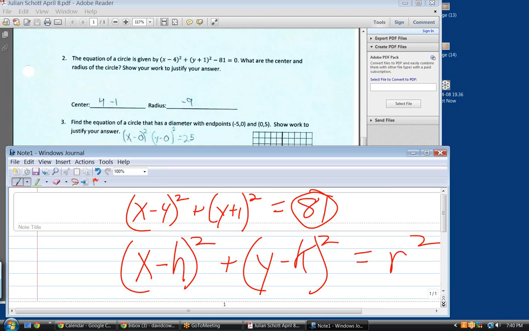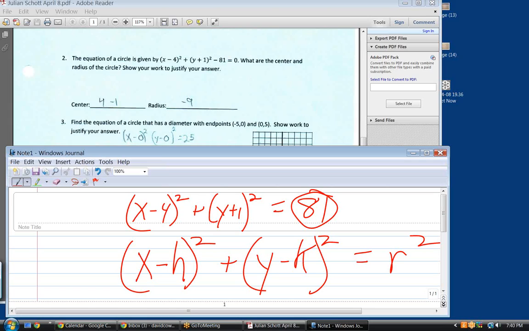What is r? 9. Now, r could be plus or minus 9, but when you're dealing with geometry, you always throw out the negative if it's a measurement. So the only r that works is plus 9. There's no such thing as a radius of -9, just like there's no such measurement of the side of a rectangle of -5.